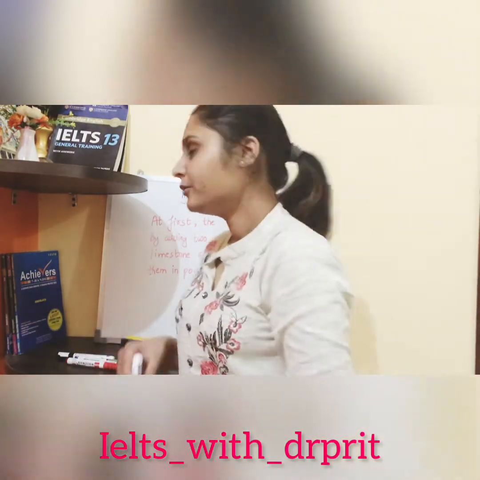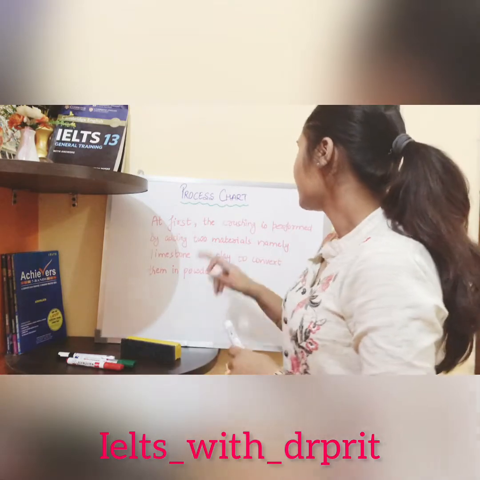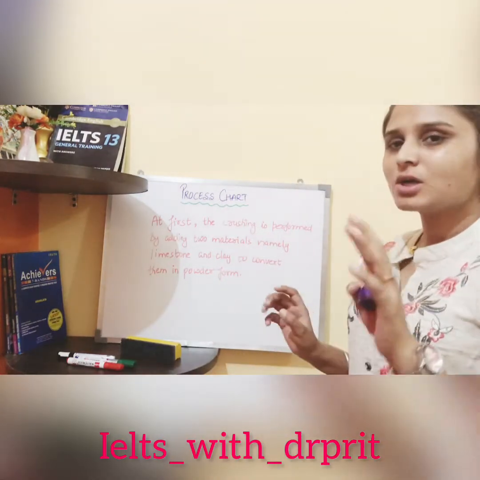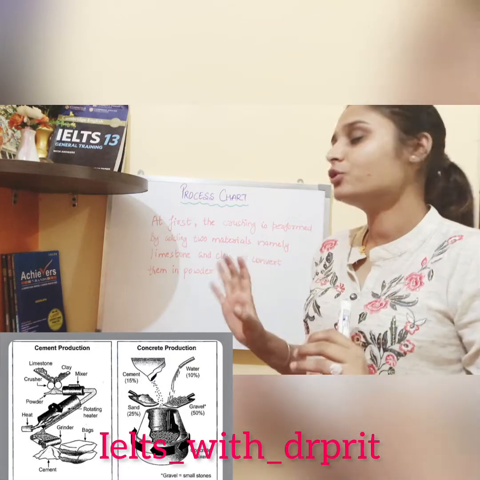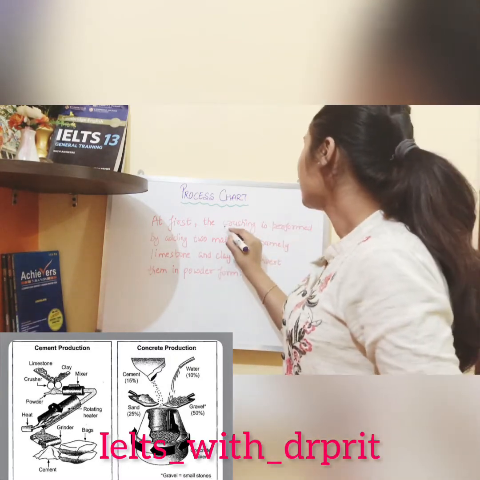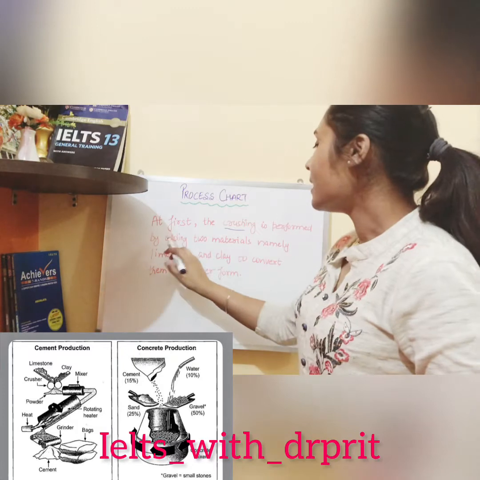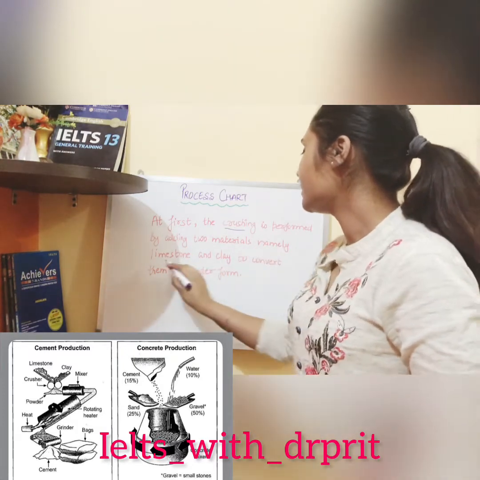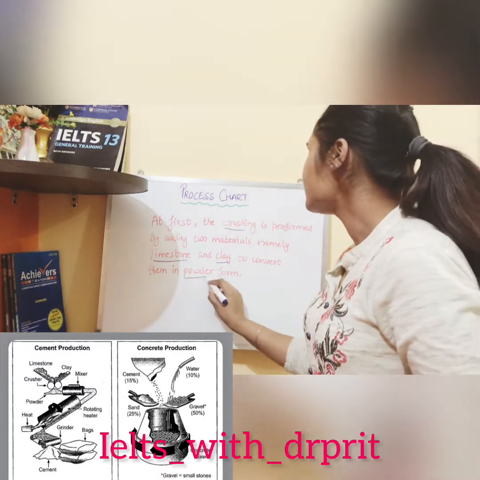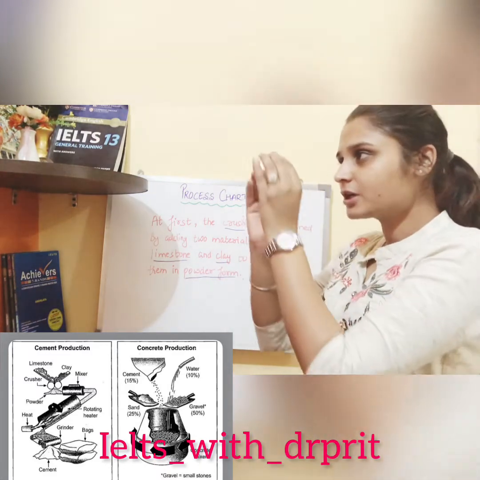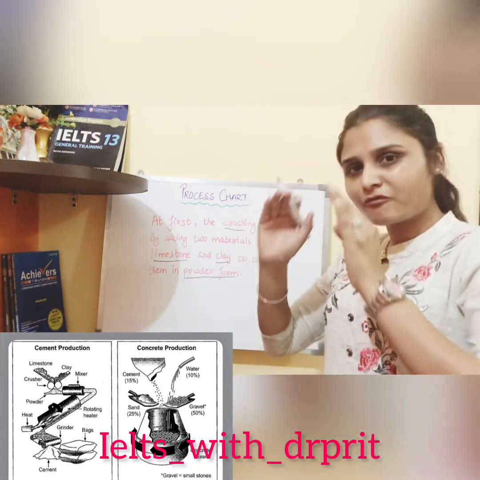Our first point would be, at first the crushing is performed, because they have mentioned there are crushers, so the stage name would be crushing. So we would say the crushing is performed by adding two materials, namely limestone and clay, to convert them into powder form. If you can see, after crushing they made a heap of powder.